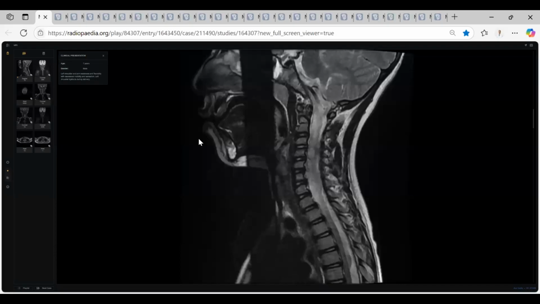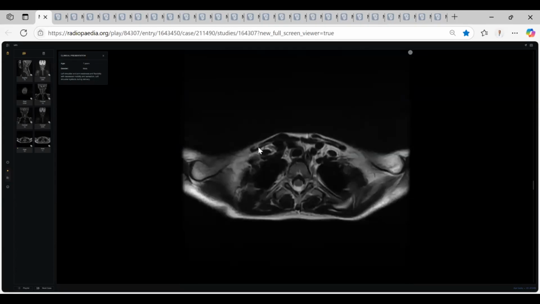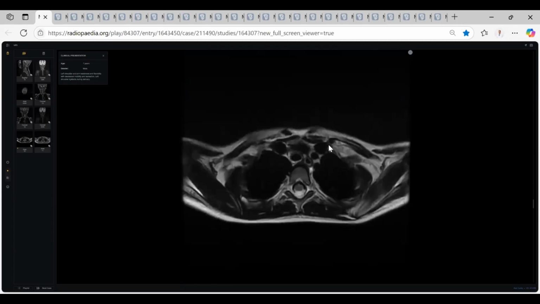I can see here the exit foramina appear slightly widened. Can I take the other sequences, sir? Which sequence do you prefer, doctor? Axial T2, if I can. Okay, this is axial T2. I'm scrolling now.